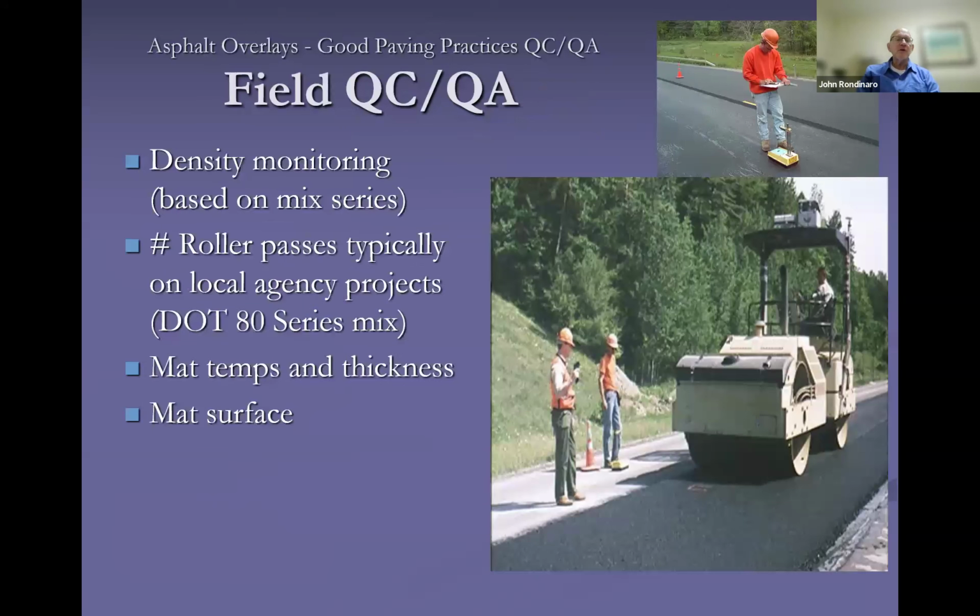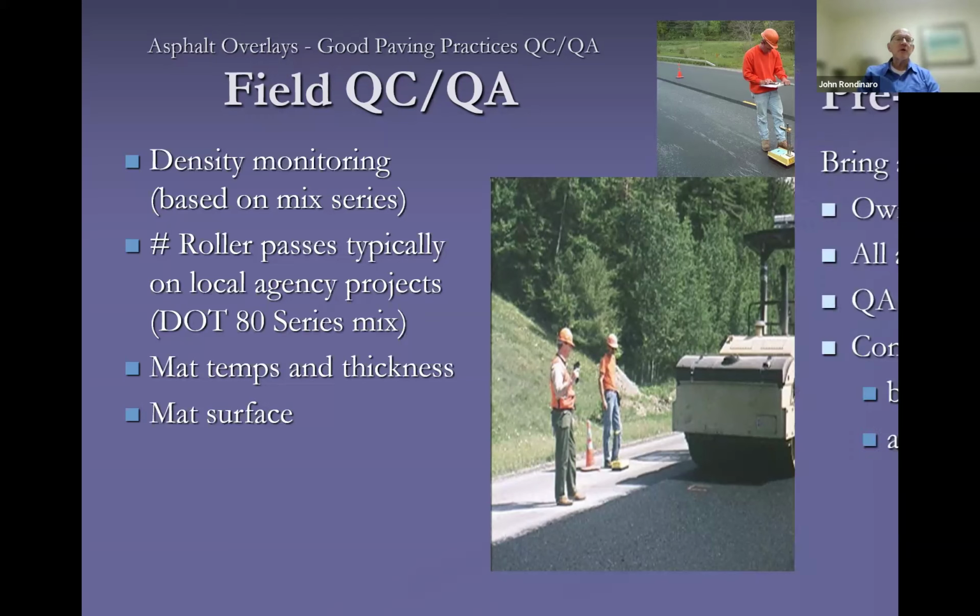In terms of the field, you're going to be doing some sort of density monitoring depending on the mix series. For our local projects, we're typically looking at the equivalent of an 80 series mix, which means you should be looking at your roller patterns and counting your roller passes. And then in all cases, you should be monitoring your mat temps and your mat thicknesses, as well as the uniformity and shape of your mat surface.